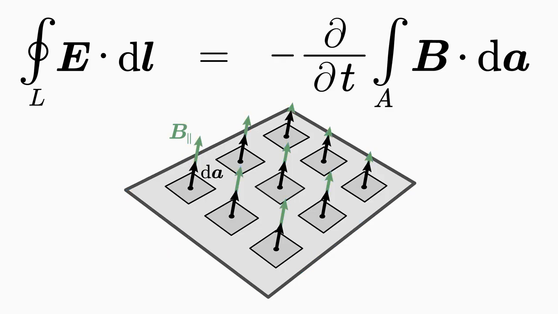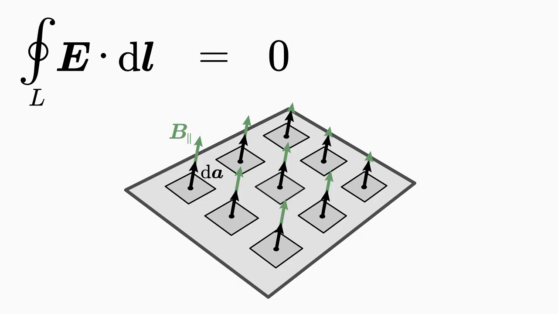If the magnetic field does not change in time, the right side of the Maxwell equation will be eliminated. Then the equation states that the electric voltage along a closed line is always zero. So there is no rotating electric field as long as the magnetic field doesn't change over time.